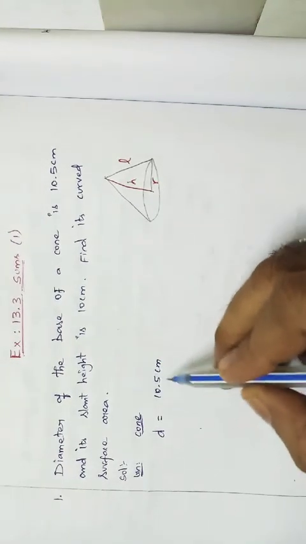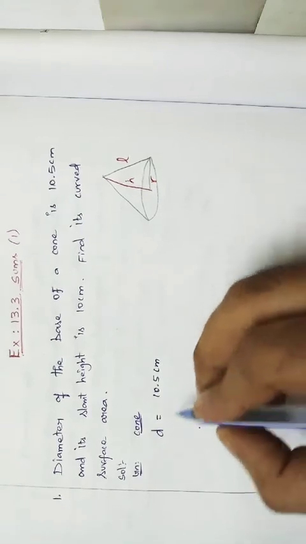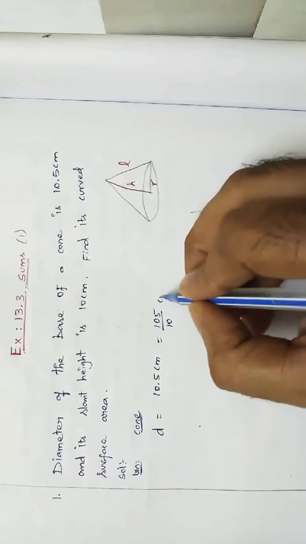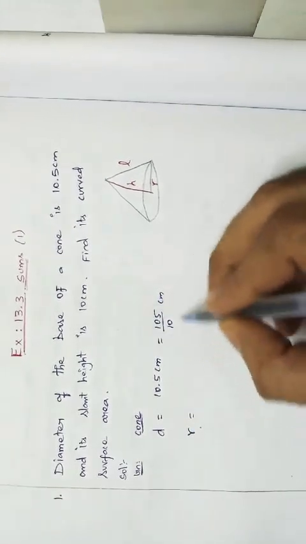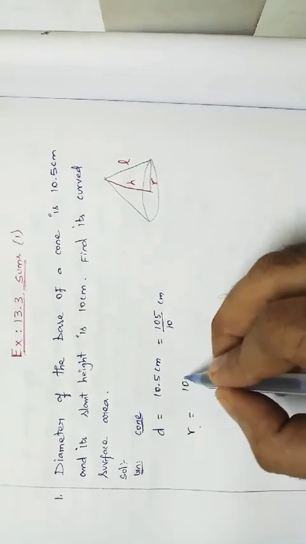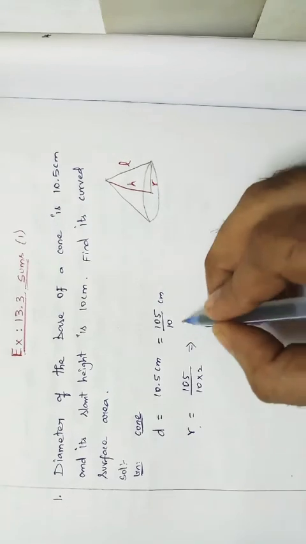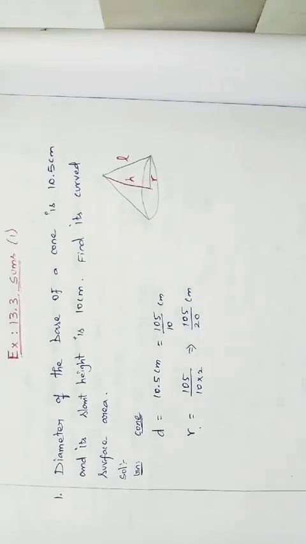Whenever we have a decimal, I ask you to change it into a fraction. So D is equal to 105 divided by 10 centimeter. Then radius is half of the diameter, that is 105 divided by 10 into 2, equal to 105 by 20 centimeter, right?